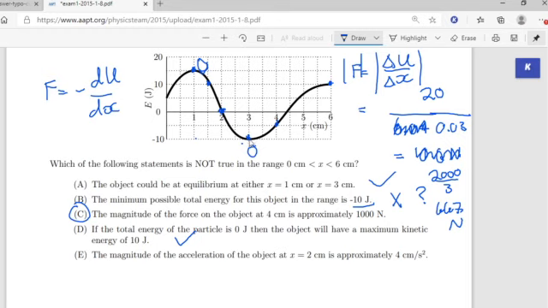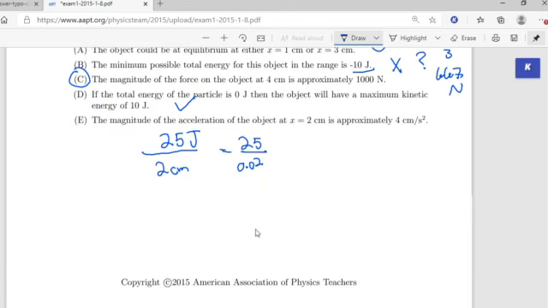So using this point, this point, it goes down by 25 joules, and the run would be 2 centimeters, or let's make that 0.02 meters. 25 over 0.02, and that would just be the force, but the acceleration would be the whole thing over the mass.